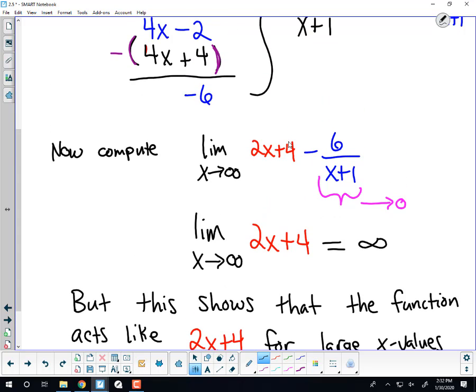Because that function was equivalent to this right here, and we know at infinity, that whole thing is basically behaving like 2x plus 4.